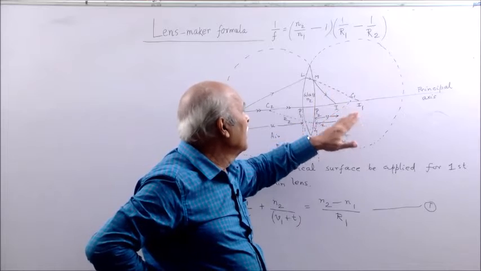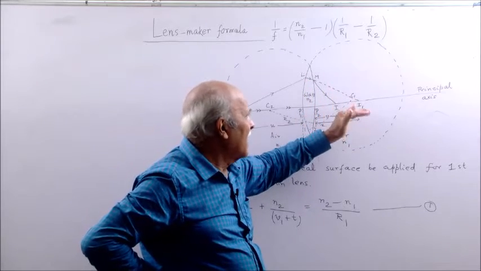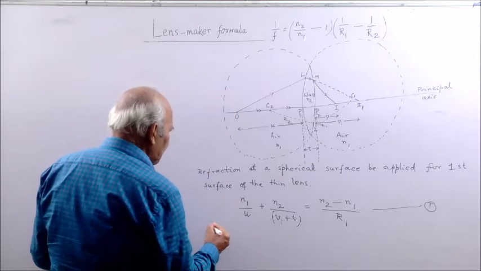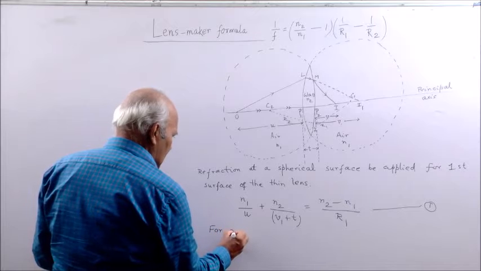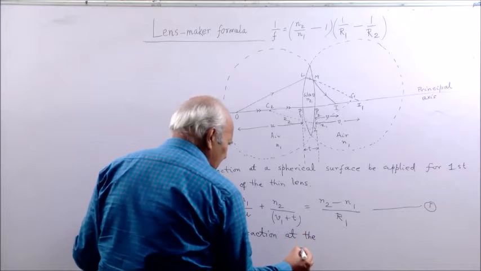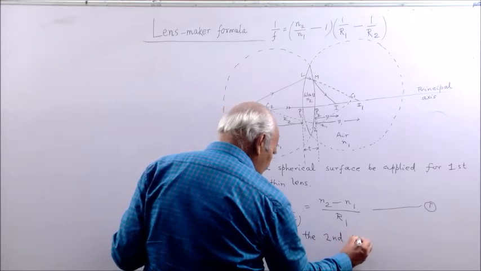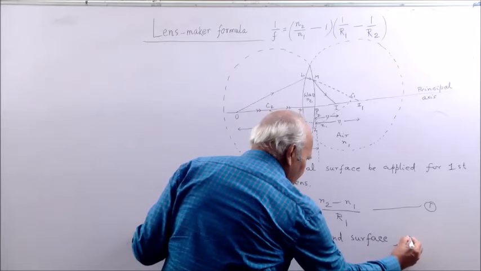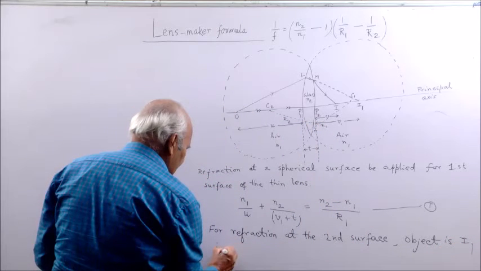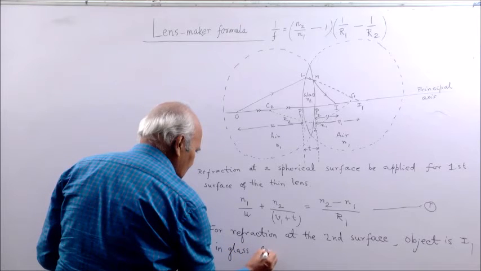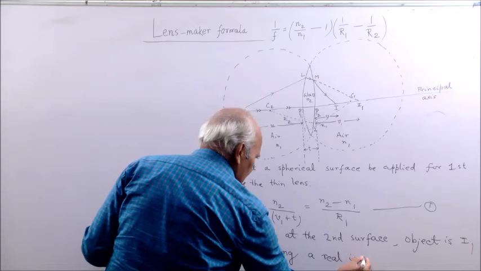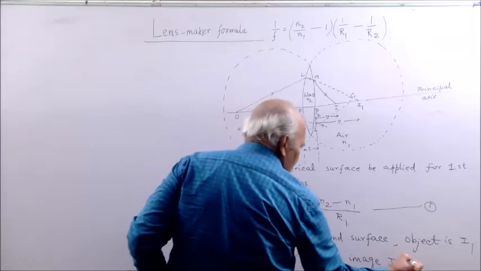That has to be remembered: for the second surface, the object is at I1 in glass forming a real image I in air.